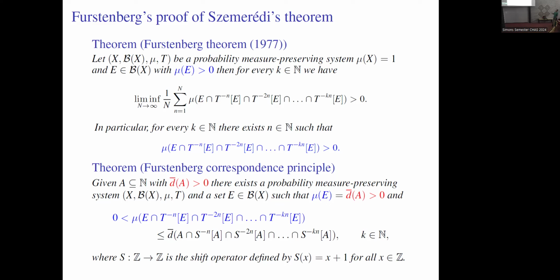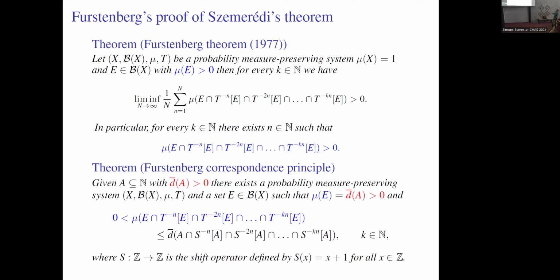So therefore we see that here we were in the assumptions of the previous theorem, the Furstenberg theorem. And moreover, the second part of this statement says that this quantity from above is dominated by the density of this set, where S here is the usual shift operator on the set of integers. So the assumption and this equality imply that we have this.